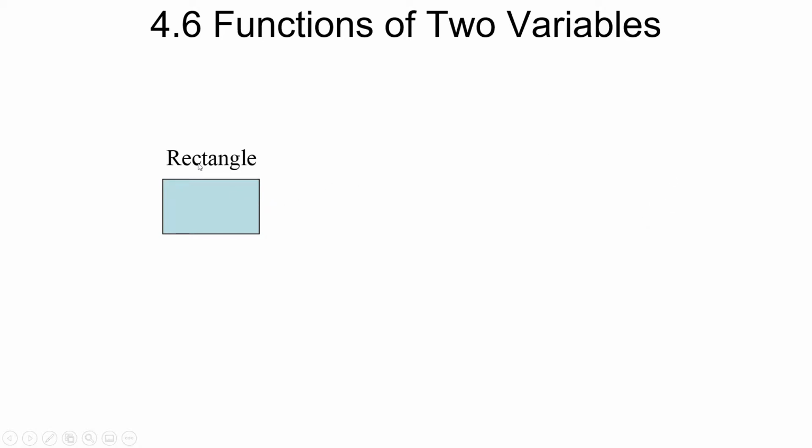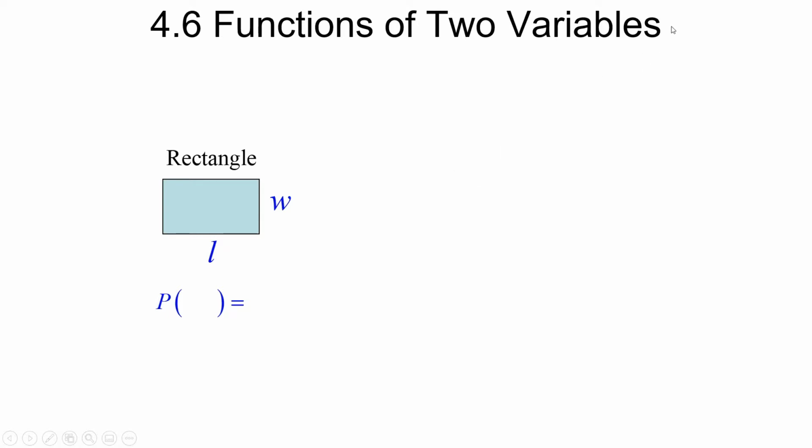Okay, let's start with this. Everybody, a rectangle. Now you know that rectangles have two key dimensions. They have a length and they have a width. And in pre-algebra, even way back in the day, you did stuff like, what is the perimeter of this rectangle right here? And you had a formula.